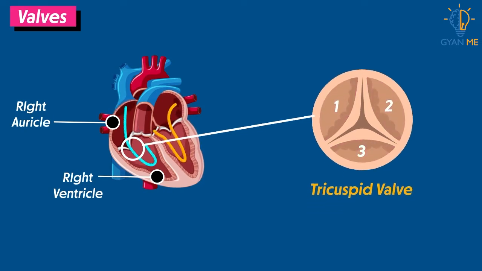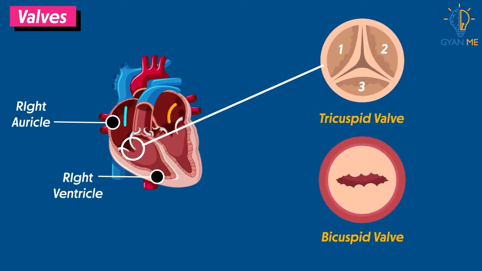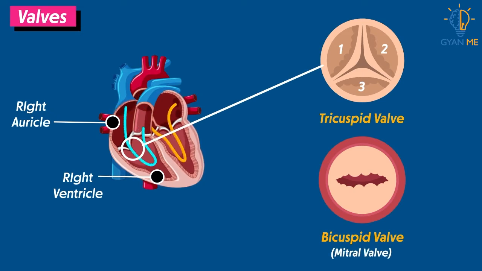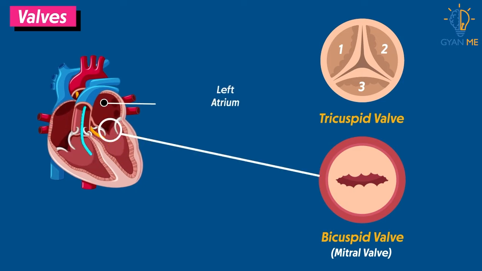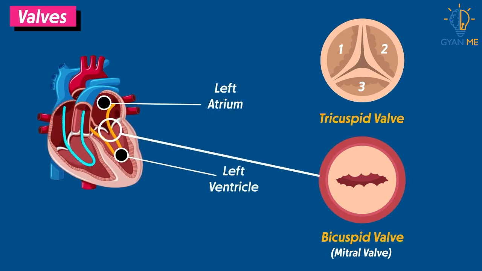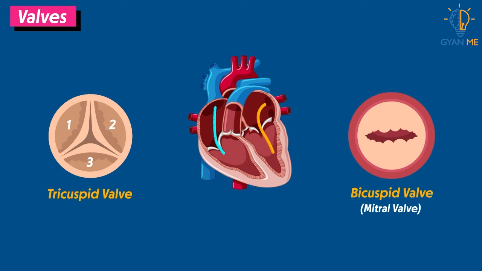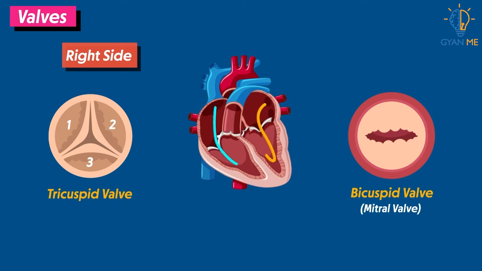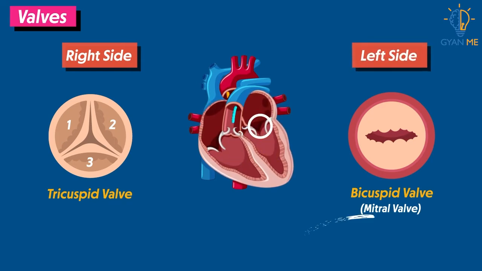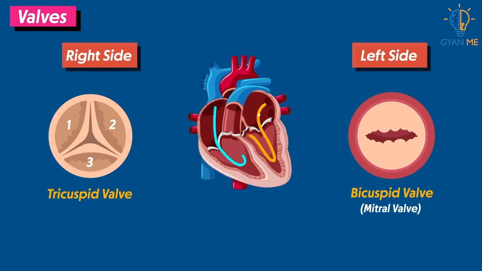A bicuspid valve, which has two flaps or cusps, also called the mitral valve, guards the opening between the left atrium and left ventricle. So students, on the right side, you have the three flapped valve called tricuspid valve, and on the left side, you have the bicuspid valve or two cusped valve or two flapped valve.